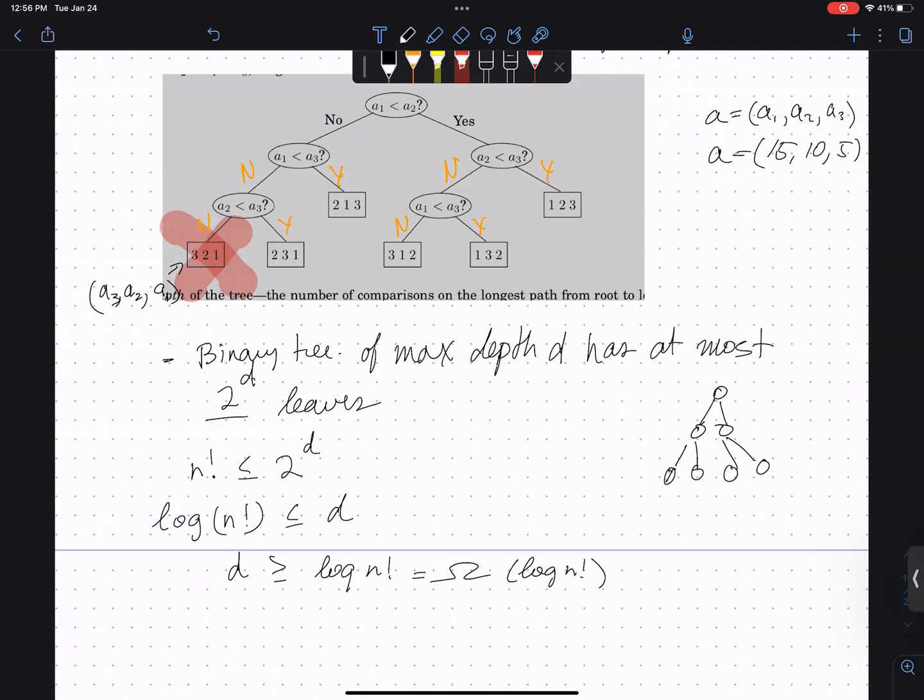And I think one of the identities that I gave you a while back is that log n factorial asymptotically behaves like n log n. This is by the earlier identity.